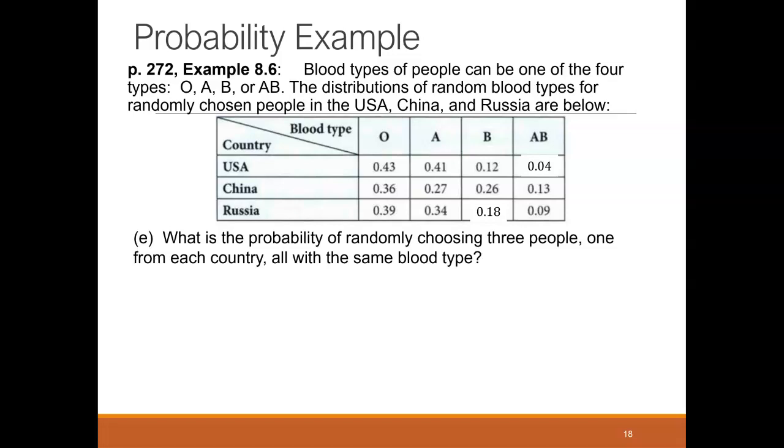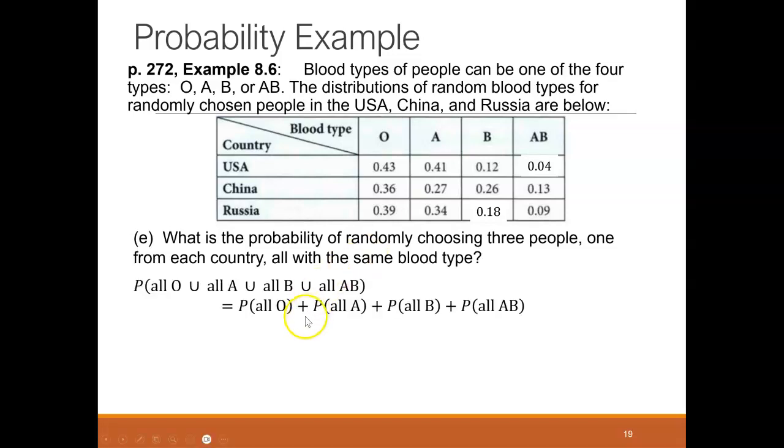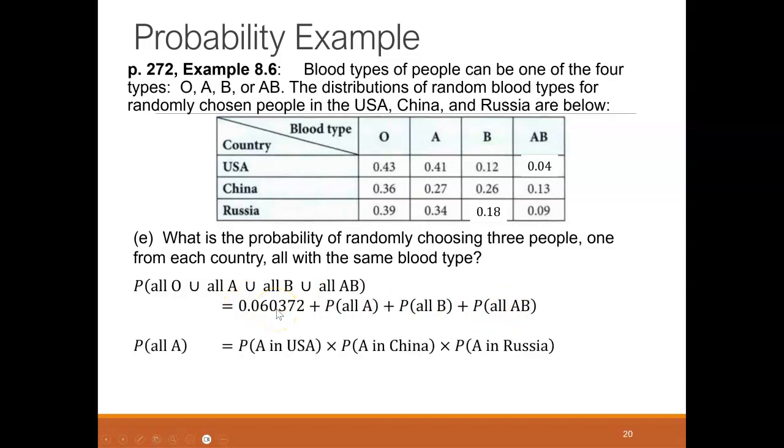So probability of 3 O's plus the probability of 3 A's plus the probability of 3 B's plus the probability of 3 AB's. And do the calculation for the probability of 3 O's. Those are independent. So it's O in USA times O in China times O in Russia. And then the same thing with A, B, and AB. So there's our 4. Each of those are independent.